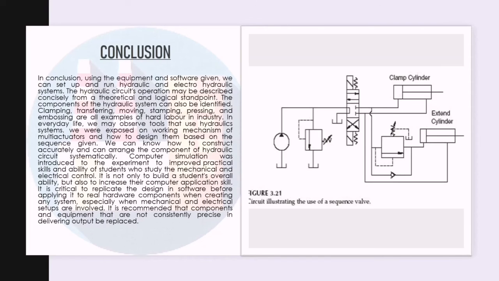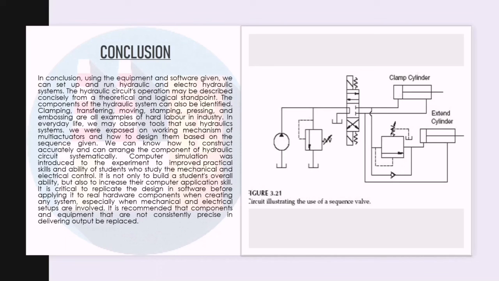In everyday life, we may observe tools that use hydraulic systems. We were exposed to the working mechanism of multi-actuators and how to design them based on the sequence given. We can know how to construct accurately and arrange the components of a hydraulic circuit systematically.